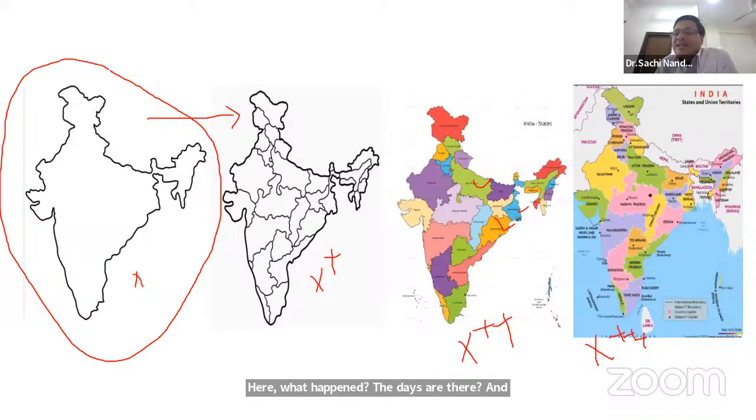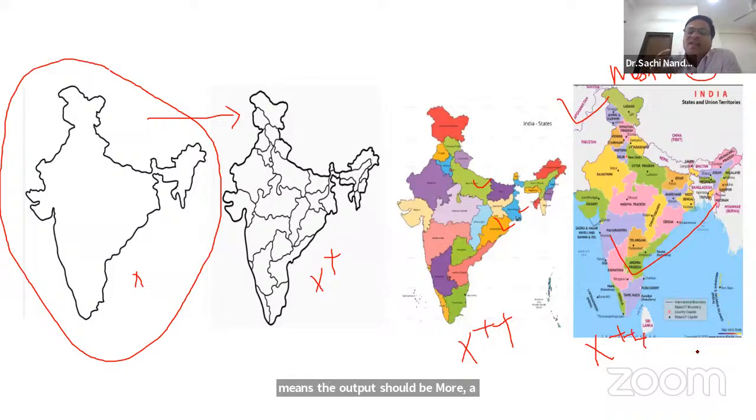This is the most vital information of a visualization tool. When you do any type of visualization, your objective must be to extract more information rather than less information. Hope everybody is clear on this.